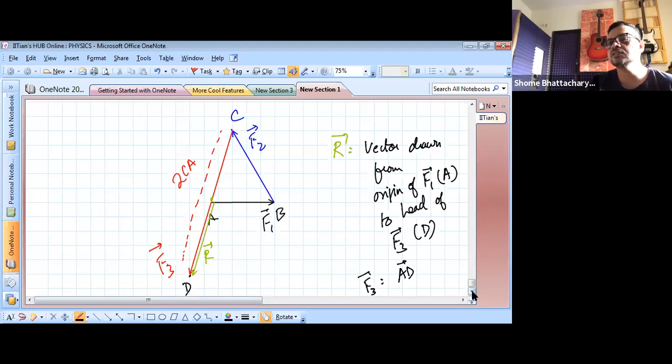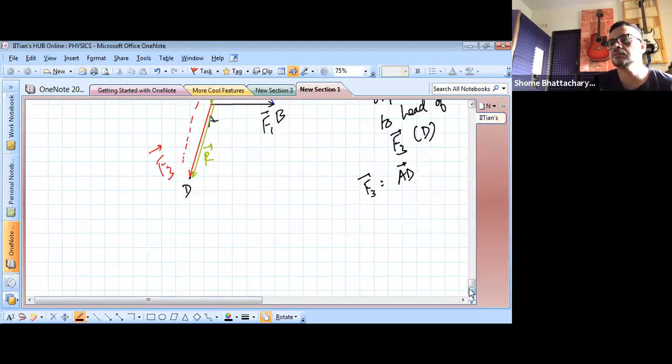So ED you can see is the same as C. You can see that CD is double of CM. So therefore ED is the same thing as C. Therefore F3 is proportional to ED or C.